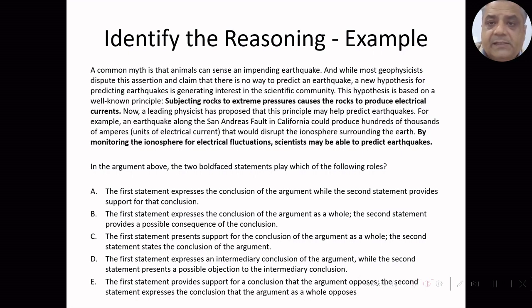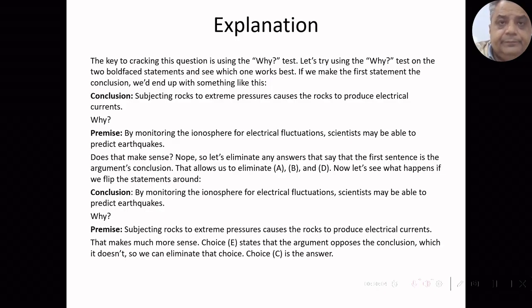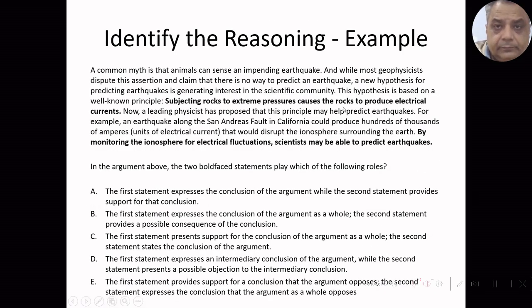So we have to ask ourselves: the first statement, that is, subjecting rocks to extreme pressures causes the rocks to produce electric currents, is it really the conclusion? When we read this argument, first of all, this statement is a principle, right? It is a scientific principle. It says subjecting rocks to extreme pressures causes the rocks to produce electrical currents.